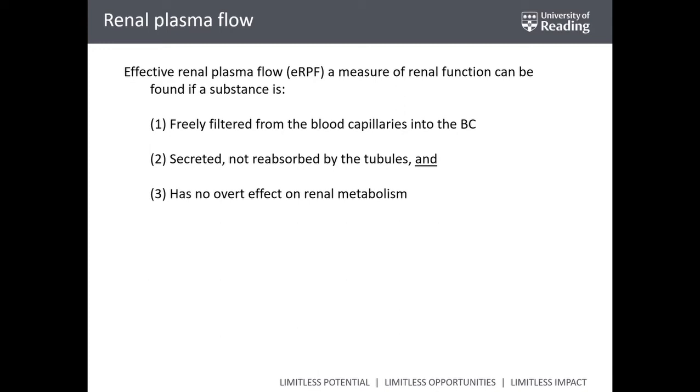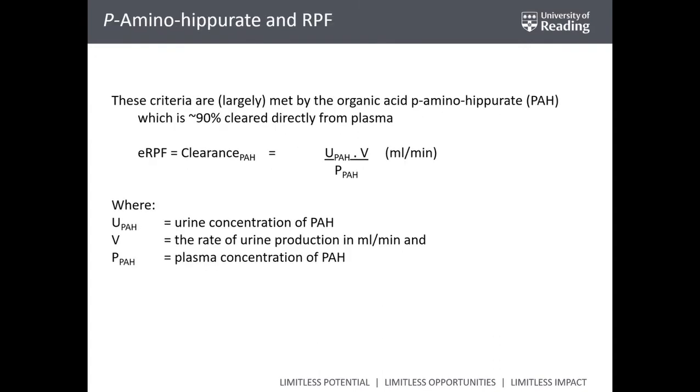Because then you have the two components: the blood that inputs into the kidney, the one that goes into the glomerulus, the one that goes into the vasa recta. Since the substance is freely filtered and secreted, that will be a direct indication of the effective renal plasma flow.